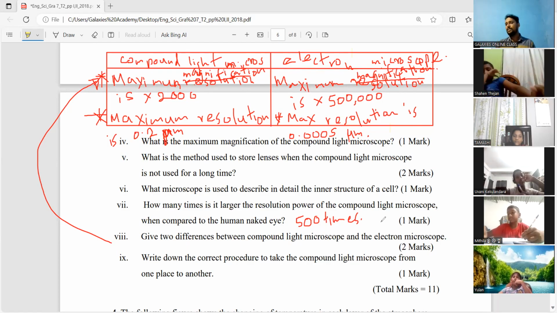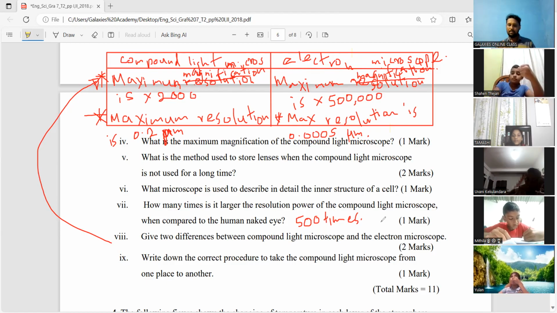To which hand you have to get the microscope? One hand. Which hand? Your familiar hand. Some of you may be left-handed, some right-handed. Then the other hand you have to keep below the base of the microscope.